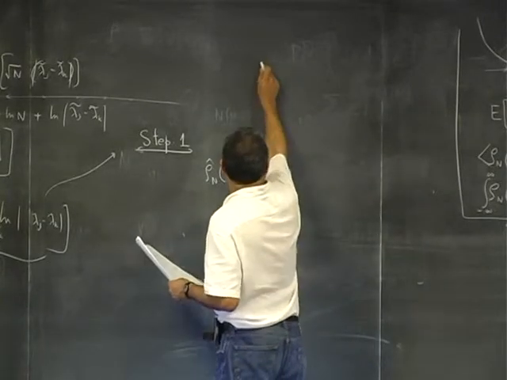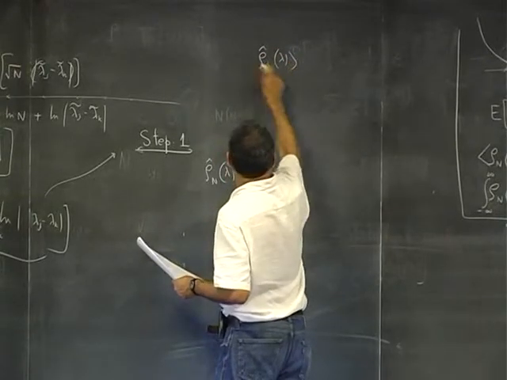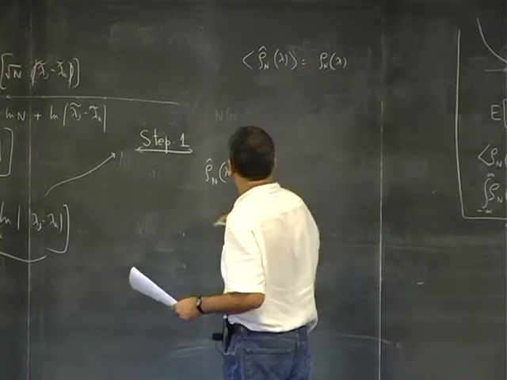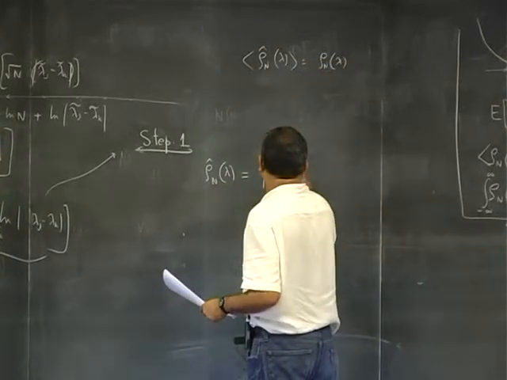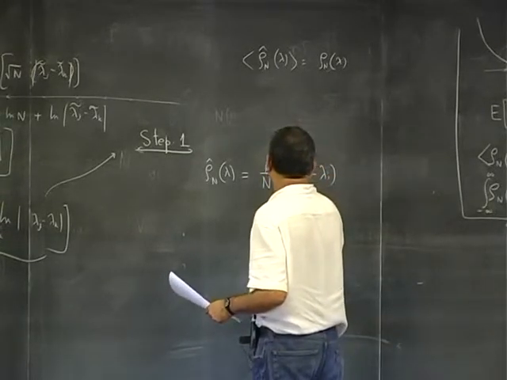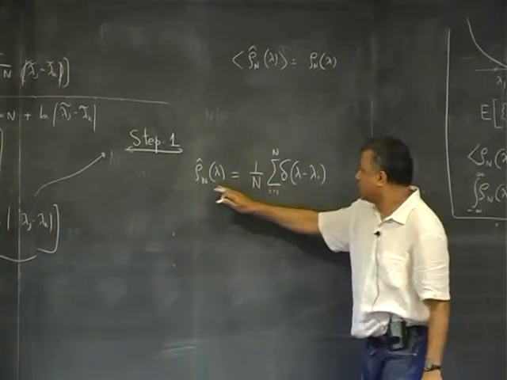Okay. So I'll denote rho n hat lambda average as rho n lambda. Okay. This is not a very good notation, but this is a random variable which is just defined as follows. So in a given configuration, this function just counts.